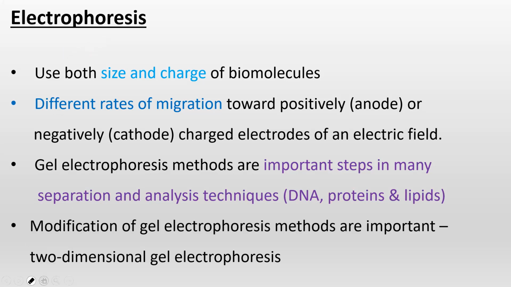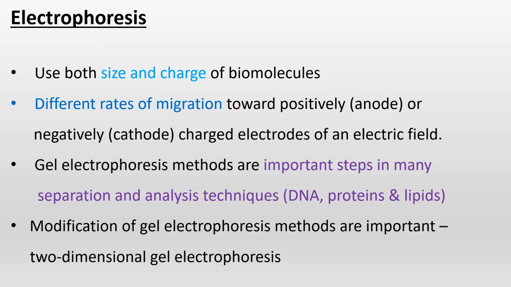But in electrophoresis, it is the size and charge of the biomolecules. We have already studied electrophoresis: agarose, PAGE, 1D, SDS, and 2D gel electrophoresis also. So we are very well acquainted that size and charge of the biomolecules are the properties on which electrophoresis works. Biomolecules of different size will have different charges and different rates of migration.